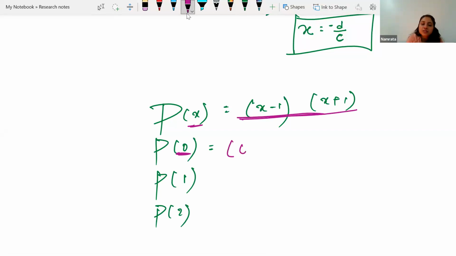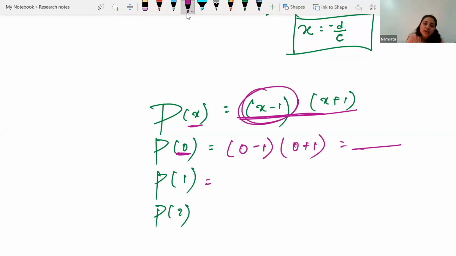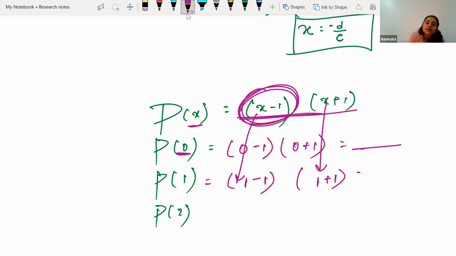So in place of x, we will substitute 0 - 1, 0 + 1, and that will give our answer for p(0). Now what is p(1)? In the place of x I am going to substitute 1. So here I'll write 1 - 1, here 1 + 1, and that will give us the result.